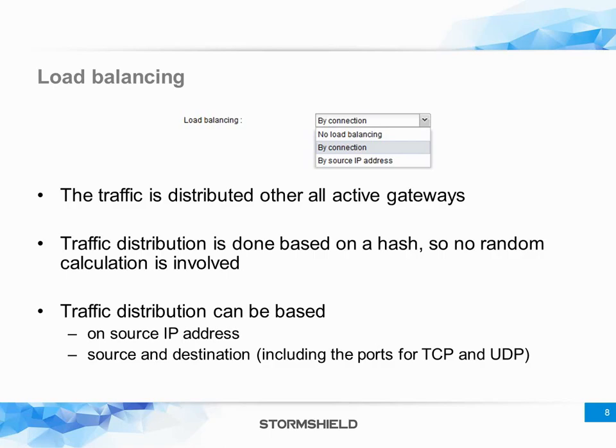Depending on the type of load balancing you choose, this hash can be calculated either on only the source IP address or on the source and destination. In this second case, this will also include the source and destination port for TCP connection and UDP pseudo connection.